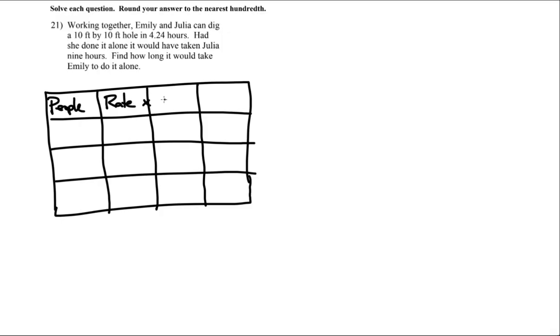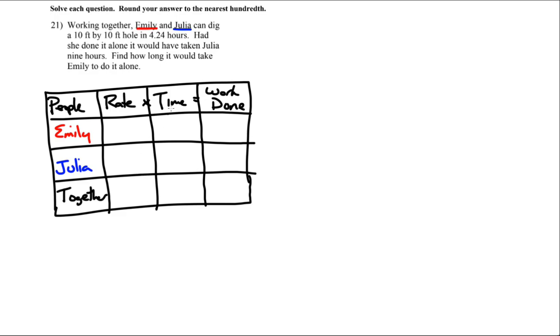And if you multiply that times the time that they're doing the work, that's going to be equal to the work done. Okay, so we've got two different people here. We've got Emily and we have Julia. And they work together.